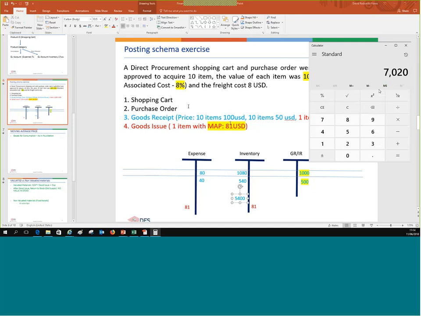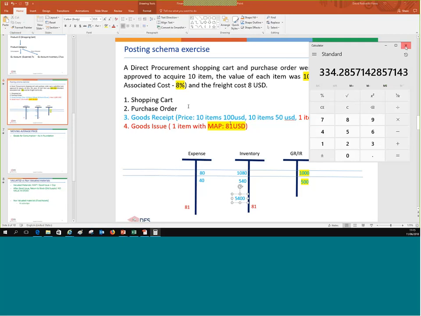So this is the total value of the inventory. But now, if we divide by the number of items, we have 21 items. The system thinks there are 21 items of the same type because we selected wrongly. And now the moving average price is 334, right?